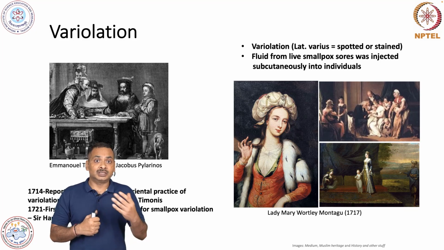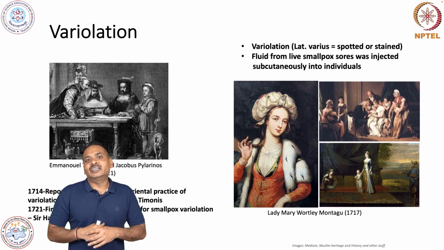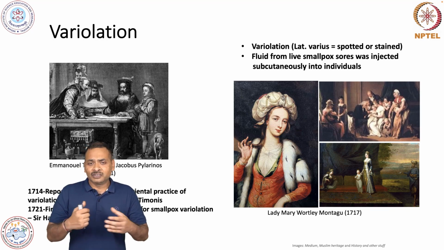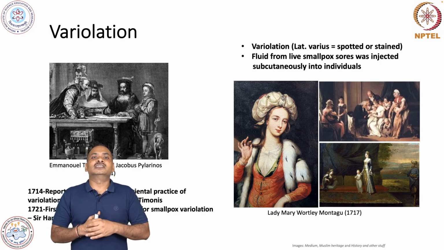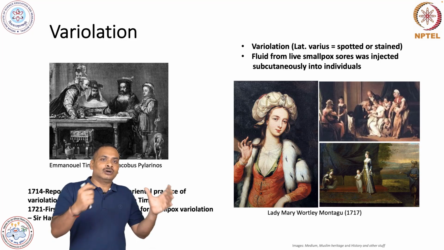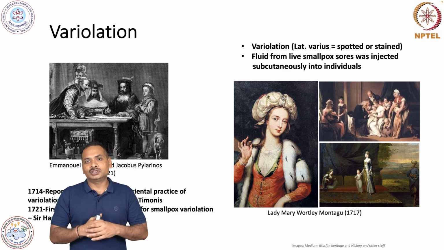Her brother also died of smallpox. Then she decided that she would try to control this disease. At that time there was the Ottoman Empire, which is quite powerful if you see the history.